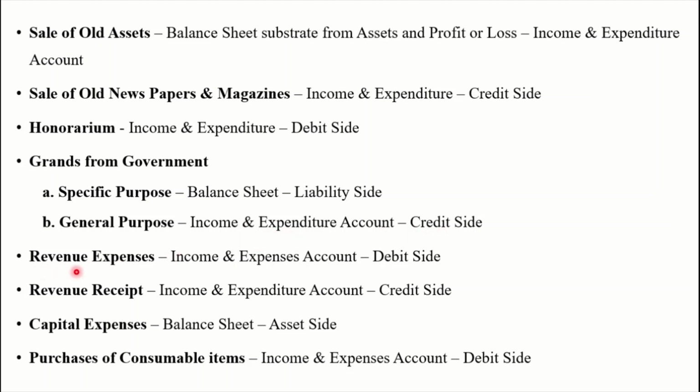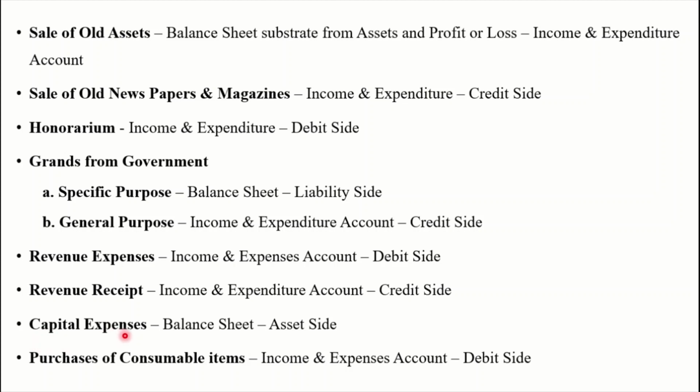Then revenue expenses. It is also called recurring expenses, and we record them on the debit side of the income and expenditure account. Then revenue receipts are also recurring in nature. Receipt means income, so we record it on the credit side of the income and expenditure account. Another is capital expenses.